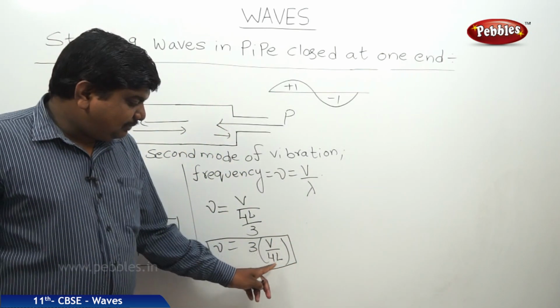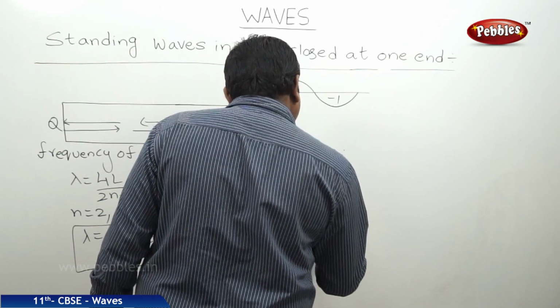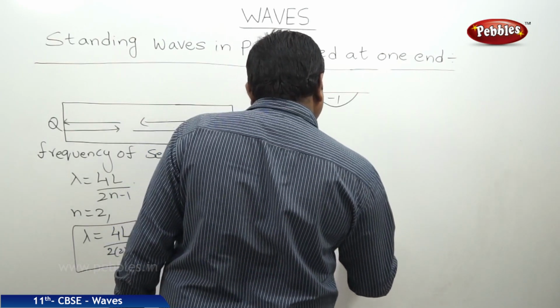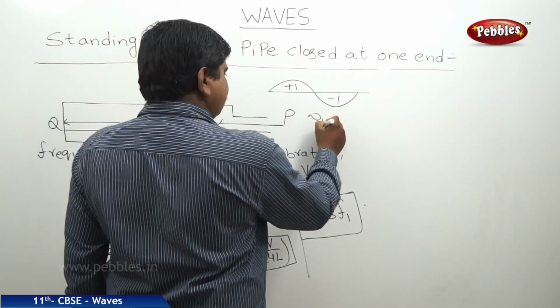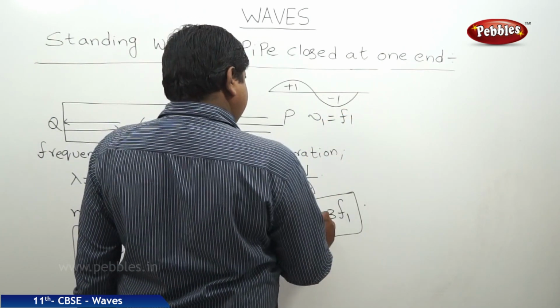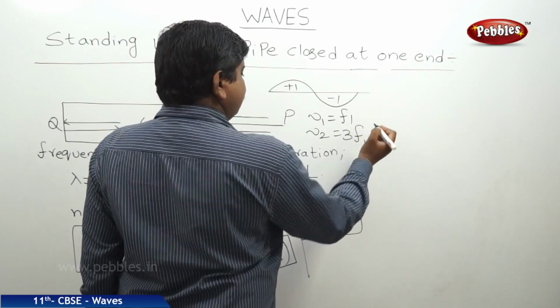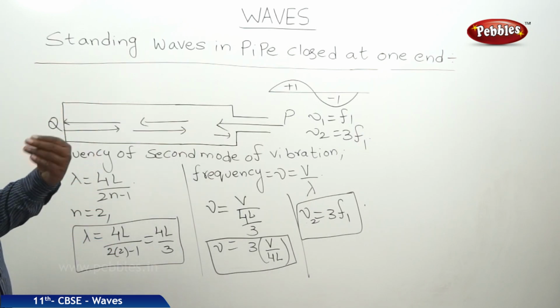But we can say that V by 4L is the fundamental frequency. Therefore, here nu 2 is equal to 3f1. Nu 1 is f1. Nu 2 is 3f1. What is the meaning of this fundamental mode and second mode of vibration?